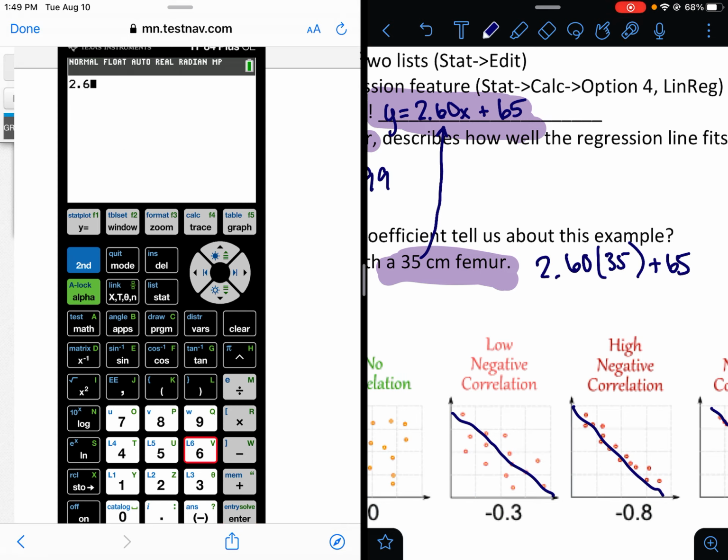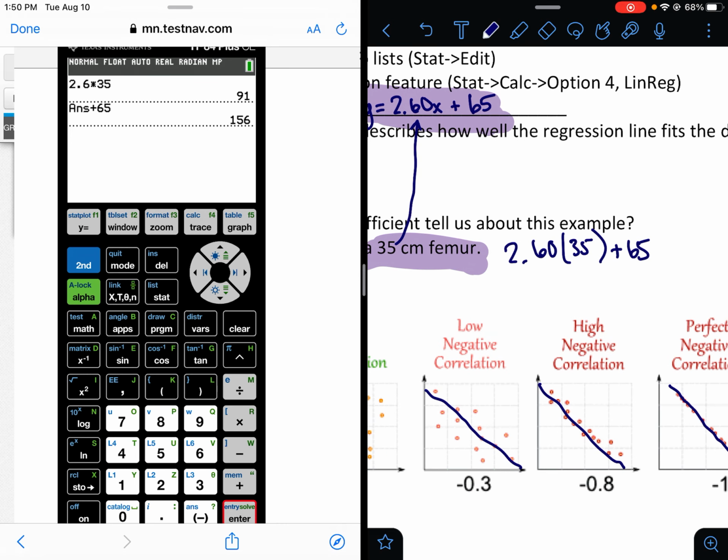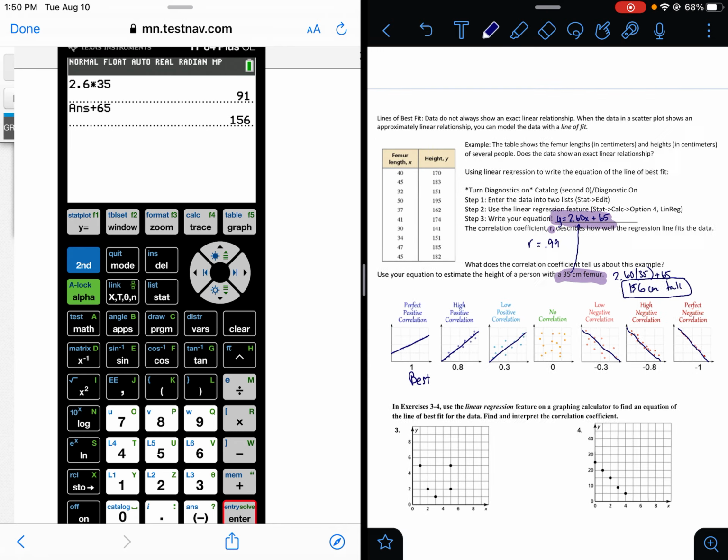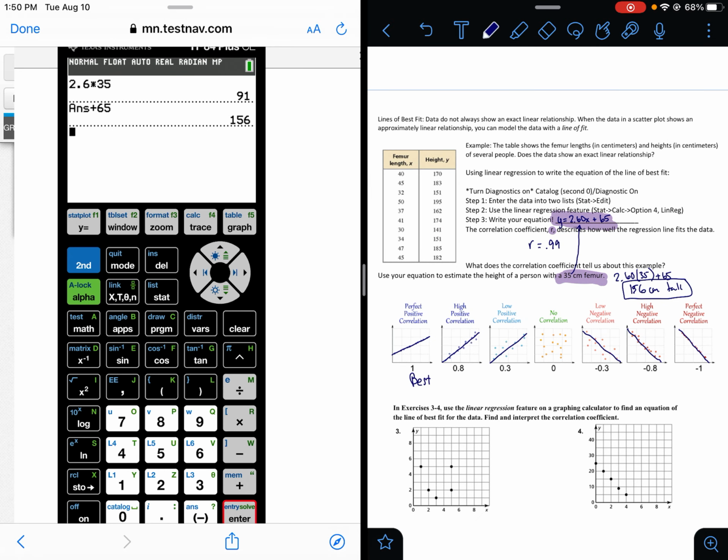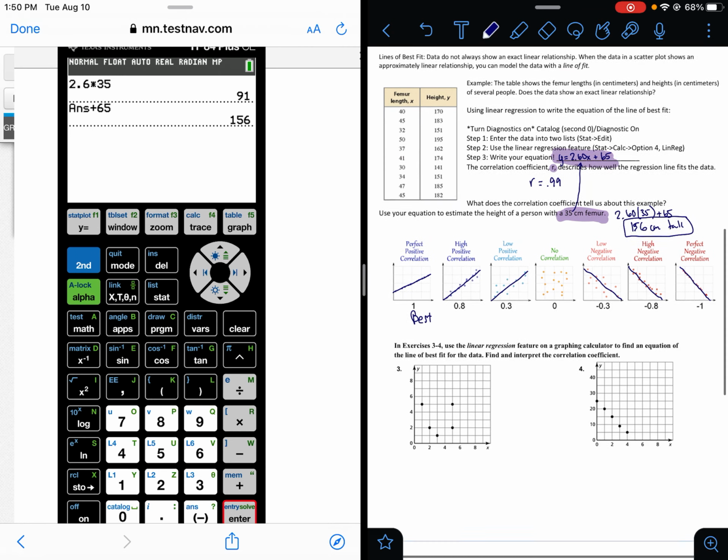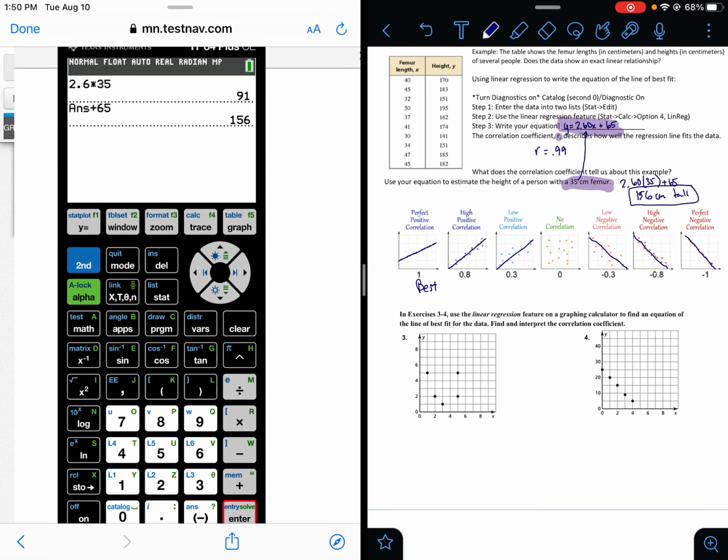So 2.6 times 35, and then add the 65. So we could estimate that this person was 156 centimeters tall. So that's how we use that. That's essentially linear modeling in a nutshell.